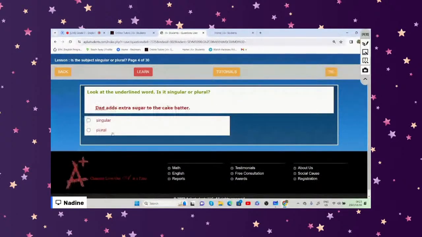And then, Dad adds extra sugar to the cake batter. So is Dad singular, meaning we're only talking about Dad, or plural?